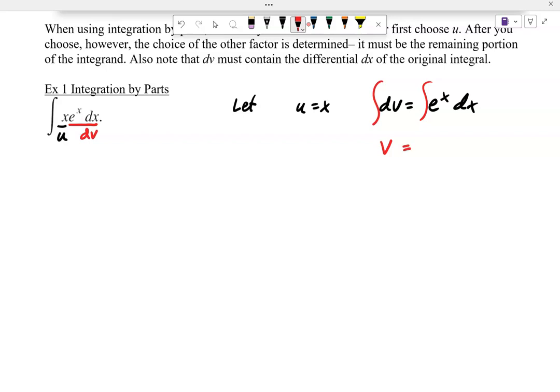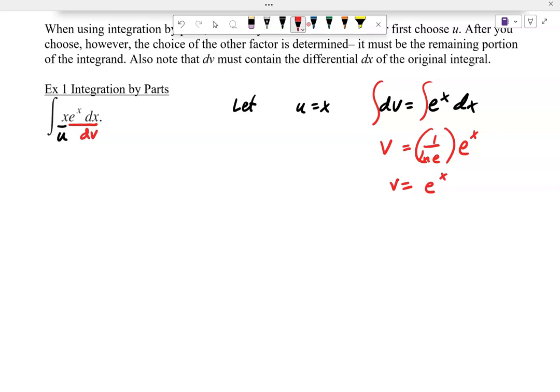Don't worry about the plus c part. We'll take care of that at the end of this. And now I'm integrating e to the x. Remember, the integral of a to the x is 1 over ln of a. So 1 over ln of e in this instance, and then e to the x. Right? And we know ln of e is just 1. So we just end up with v being e to the x.